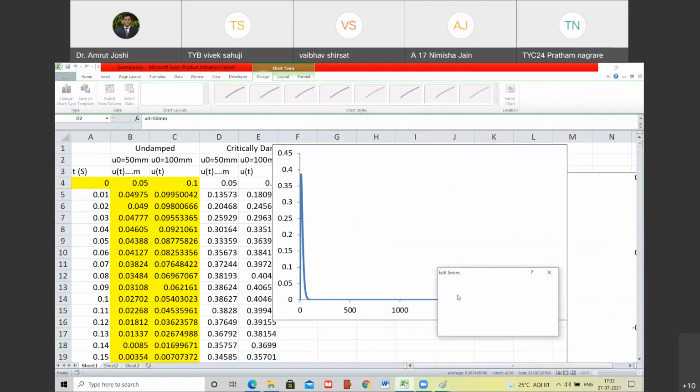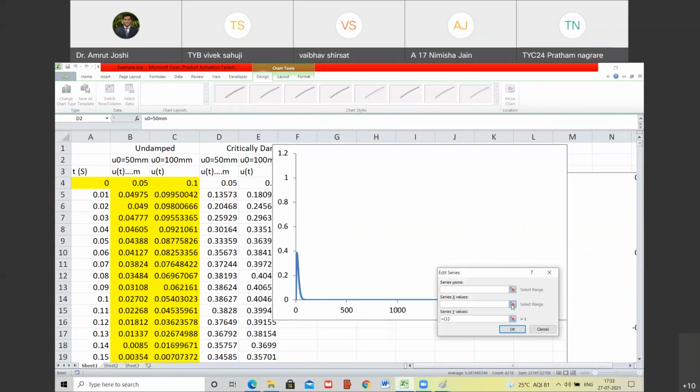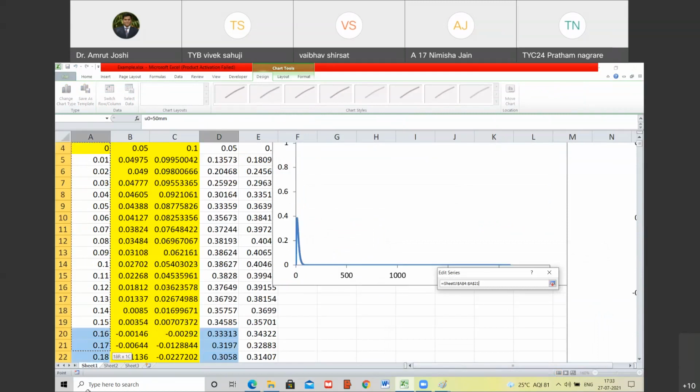So add. In that I'm going to select the range of time.